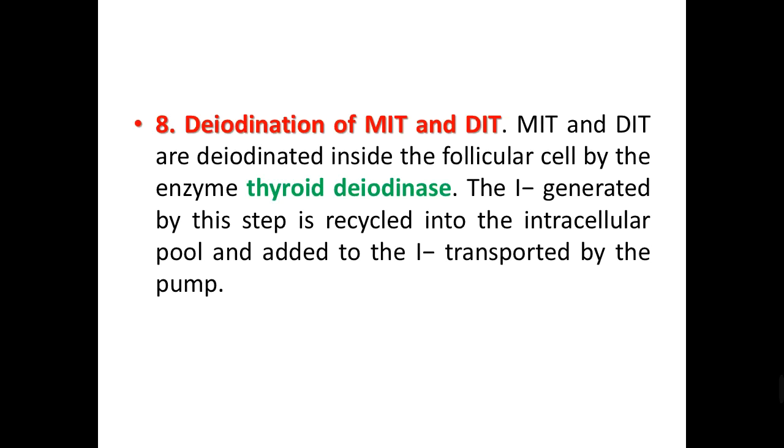Deiodination of monoiodo and diiodotyrosine occurs inside the follicular cells by the thyroid deiodinase enzyme. So, the iodine that is generated by this step is recycled into the intracellular pool and added to the iodine transported by the pump from the circulation.